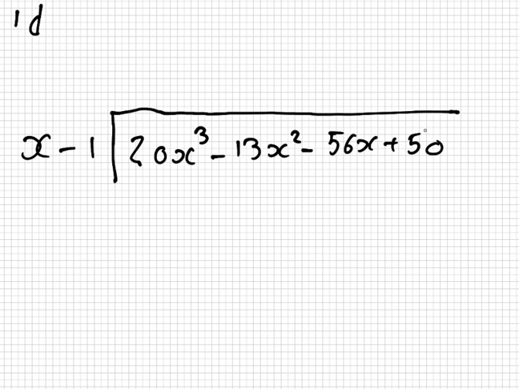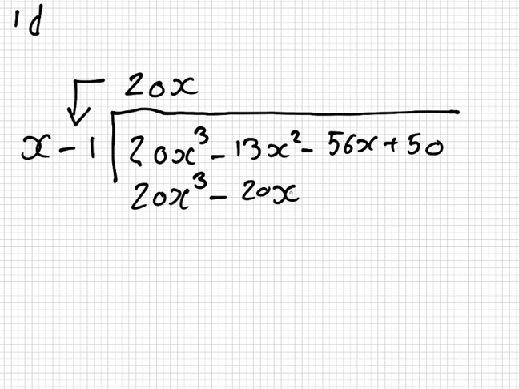Okay, so long division. Let's try to do this one a little bit quicker. I need to put 20x here, because 20x multiplies to make 20x cubed minus 20x squared.